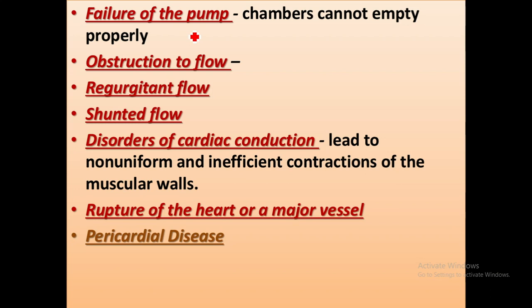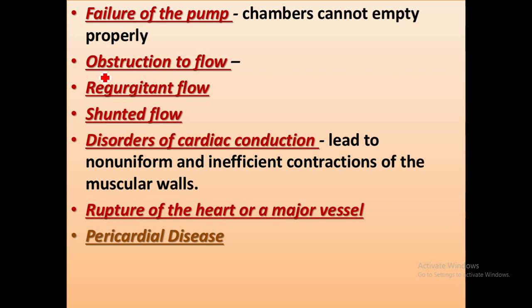So there will be systolic failure. Or inability to dilate properly, like it occurs in restrictive cardiomyopathy, where the dilation of the ventricles is restricted. So there will be diastolic failure. So, failure of the pump.